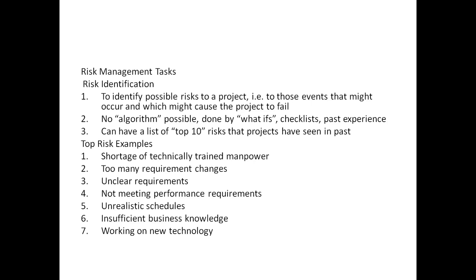Knowing the risk is of value only if you can prepare a plan for that risk so that the consequences are minimized, that the damage is minimized. Risk monitoring is the activity of monitoring the status of various risks and their control activities. So that's what we do in risk control.